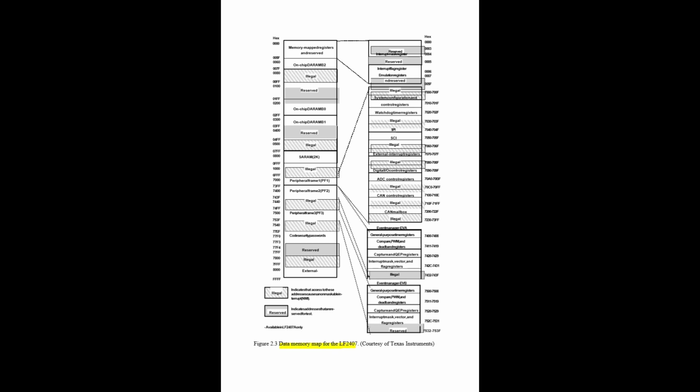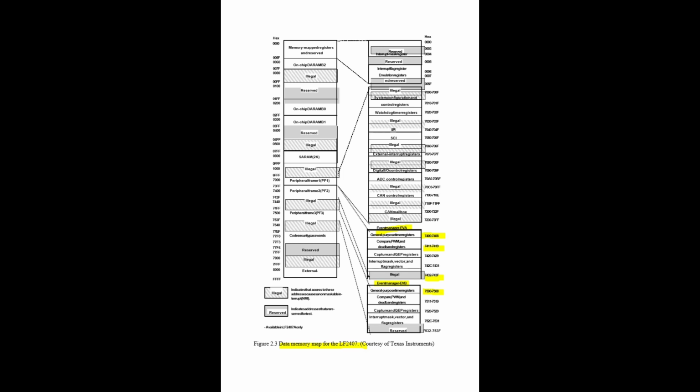The data memory map of LF2407 is elaborately given with the memory locations. Event manager A occupies these memory spaces: 7400, 7402, 7408, 7411, 7419. These are the various memory spaces occupied by event manager A. Event manager B will occupy 7500, 7502, 7508.